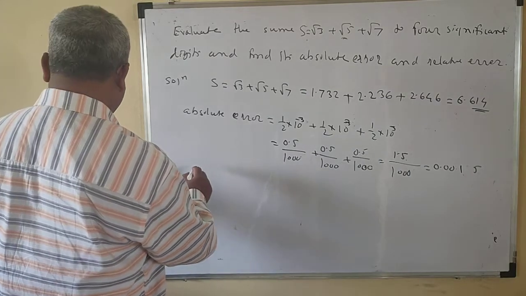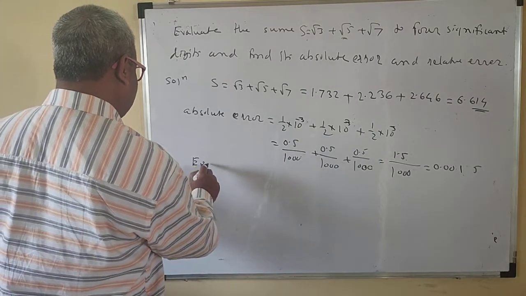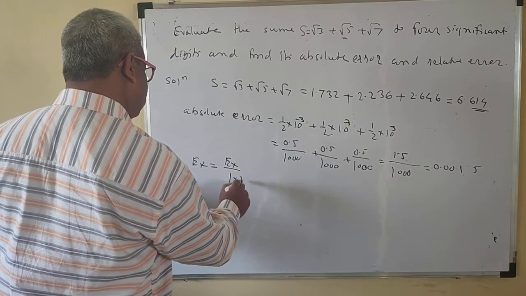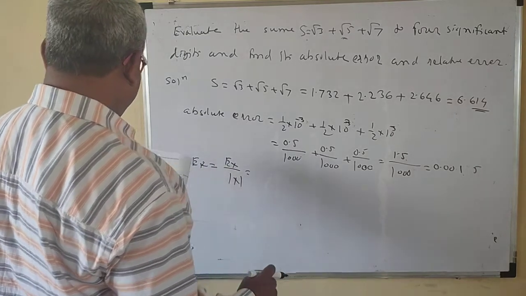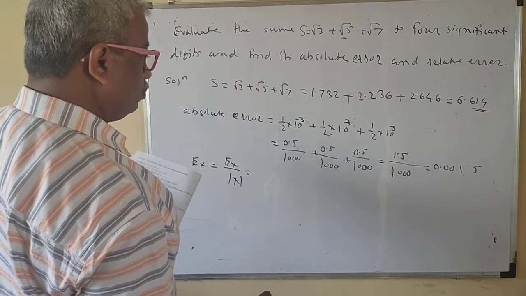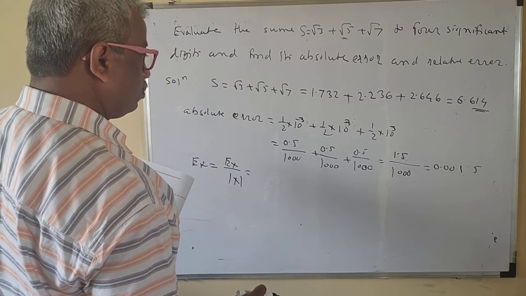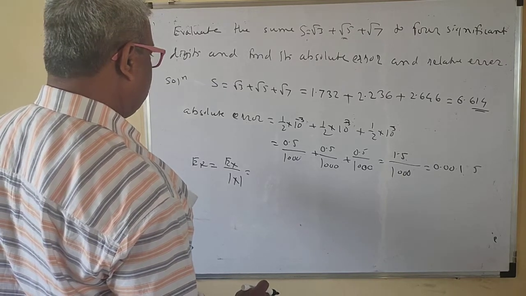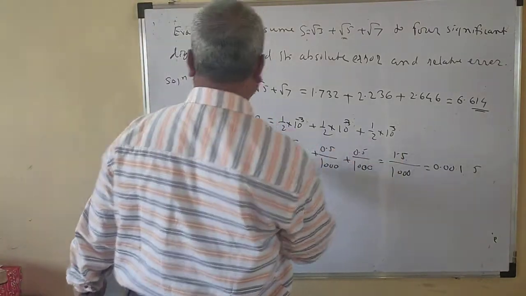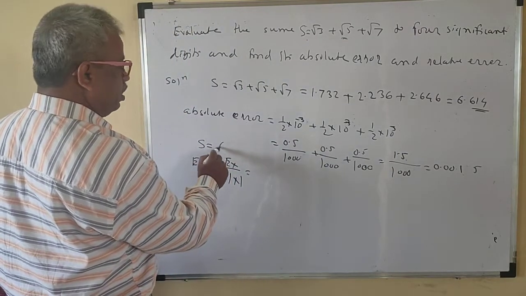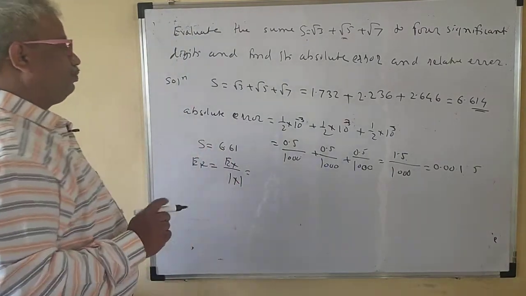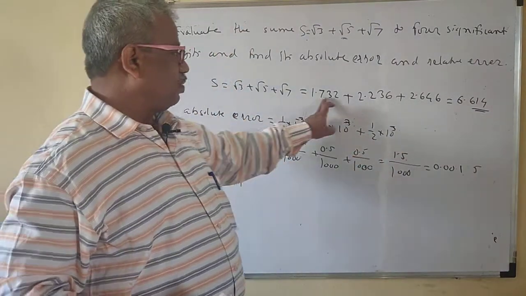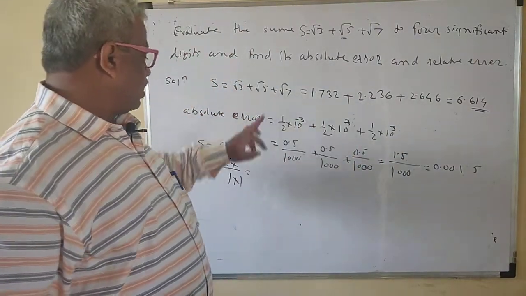Okay, so that is the absolute error. Relative error is the same as absolute error upon mod x. Right? So this is the absolute error. That means you have to take the value S as 6.61 only. Yes, this is the approximate value, correct to 3 decimal places. So the exact value is what?